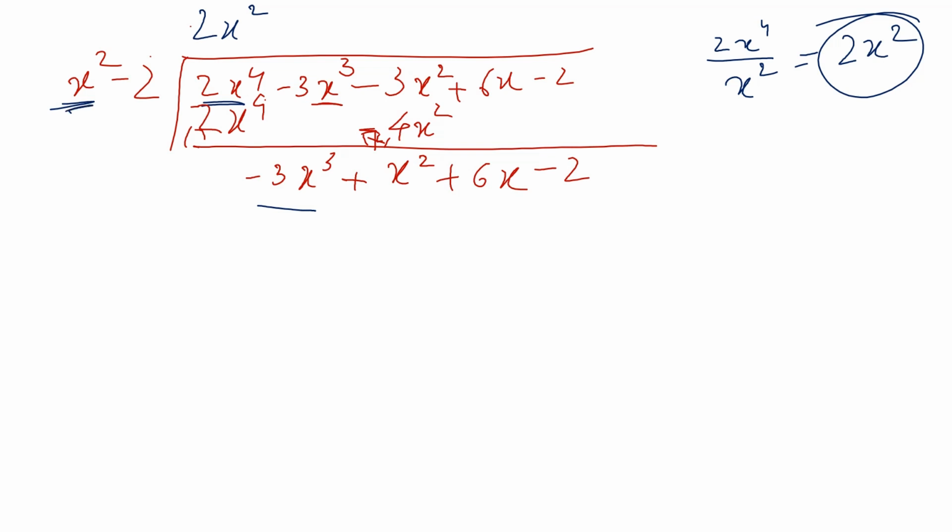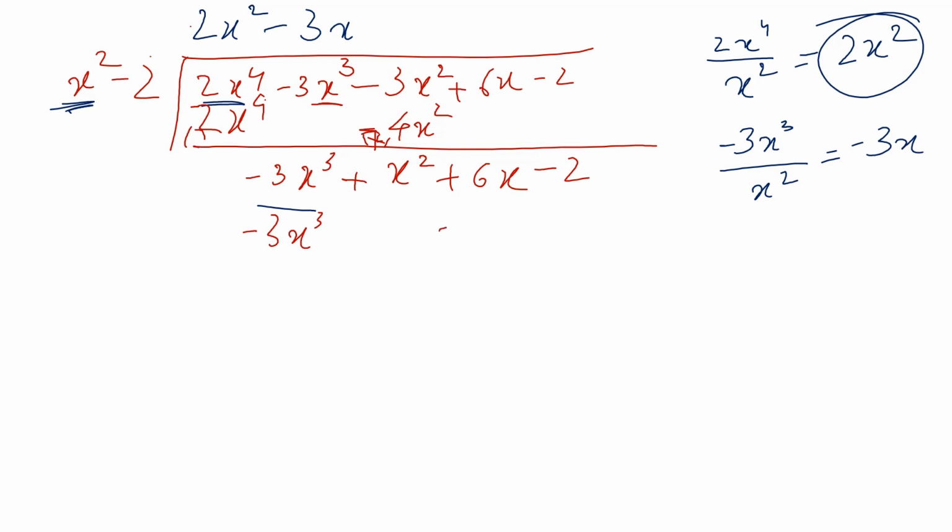Now again what we have to do is divide the highest power of x in the new dividend and divisor. So minus 3x^3 divided by x^2, we get minus 3x. So our next term in the quotient is minus 3x. Here we will get minus 3x^3, and then minus 3x into minus 2 gives plus 6x.